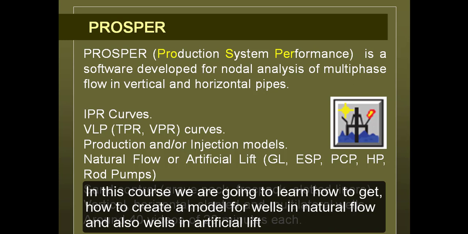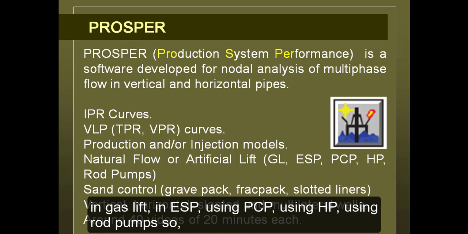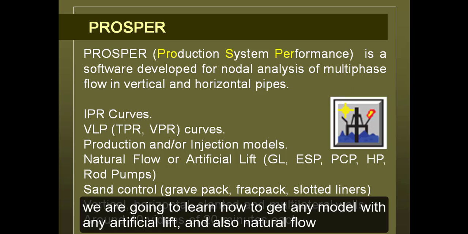In this course, we are going to learn how to create a model for wells in natural flow and also wells in artificial lift, in gas lift, in ESP, using PCPs, using HPs, using rod pumps.